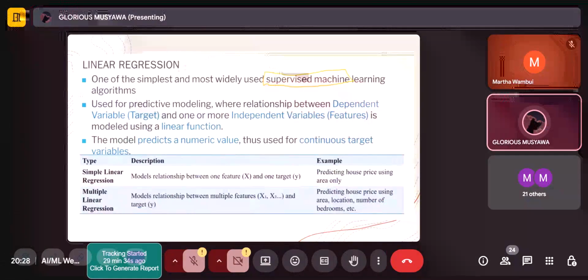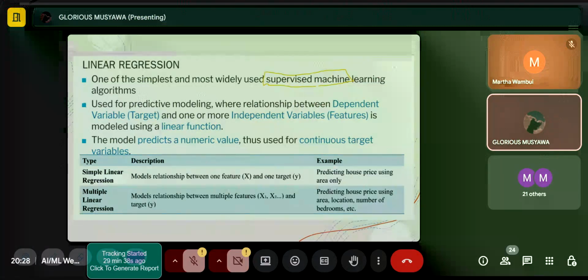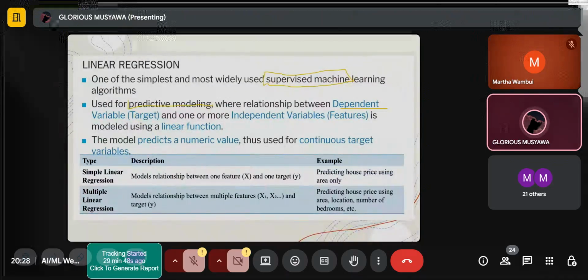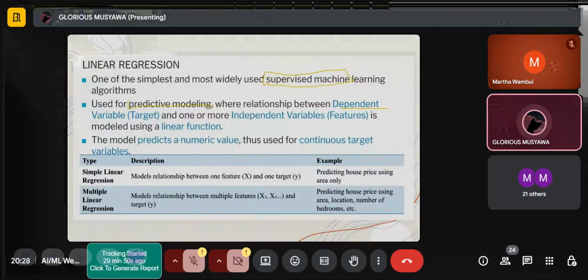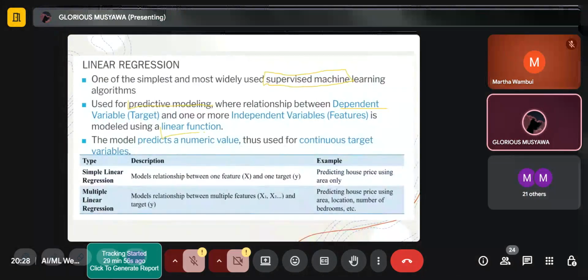So that it learns from the data and is able to predict from new data. It is used for predictive modeling, where the relationship between the dependent variable, that is the target or the label, and the independent variables, which are the features, is modeled using a linear function. That's why it's a linear regression.